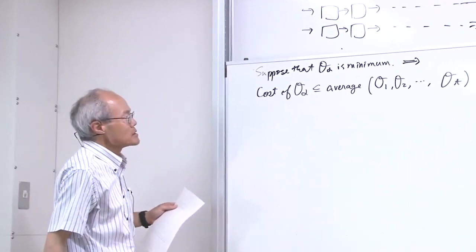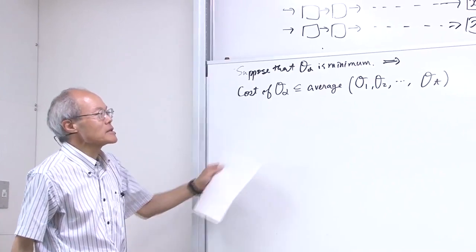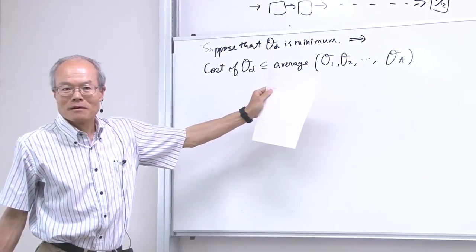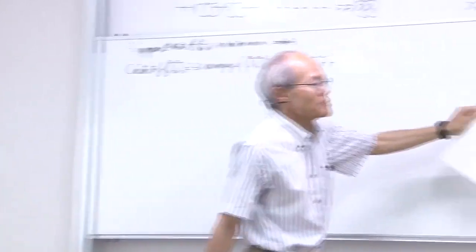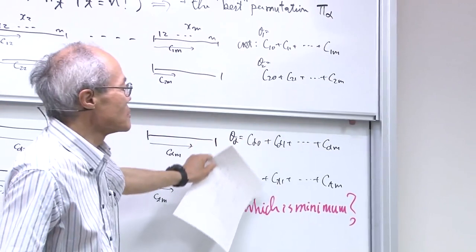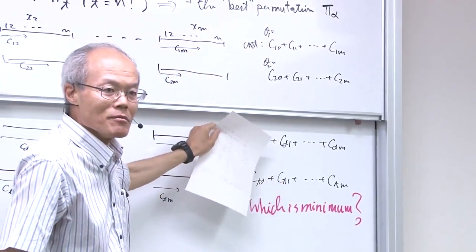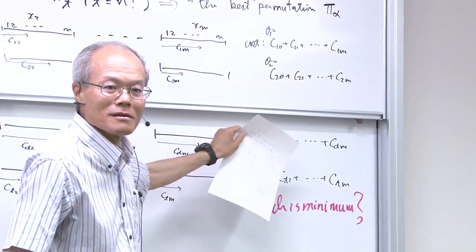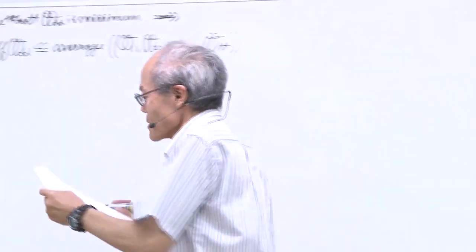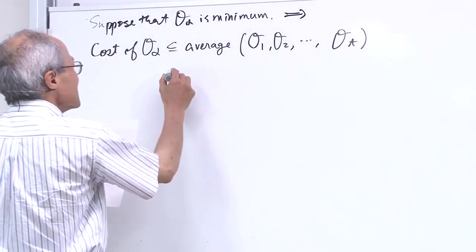Then its value is of course at most average, right? This value is the minimum among those two things. The minimum means at most average, right? At most average. Then what is average?